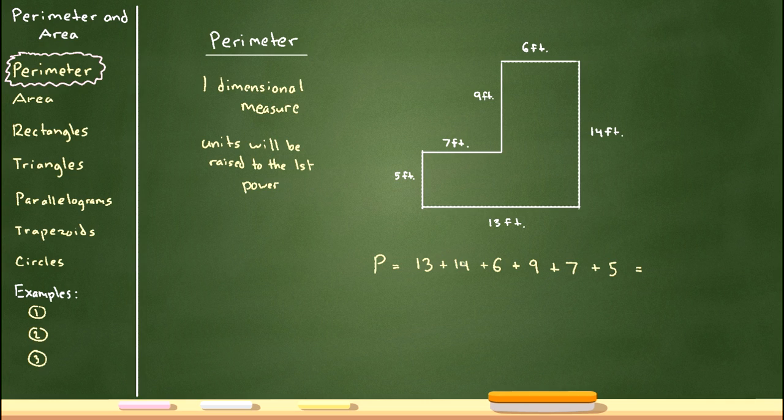So what do we get? So 13 and 14, we get 27. This would be 33, and 42, 49, and 54. So we're getting 54 feet for the perimeter of this object.